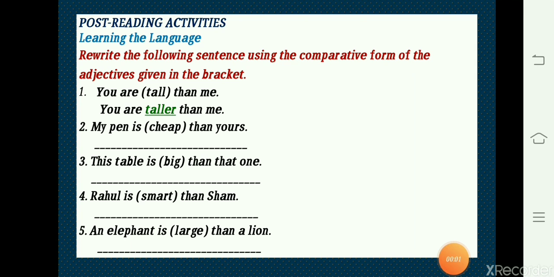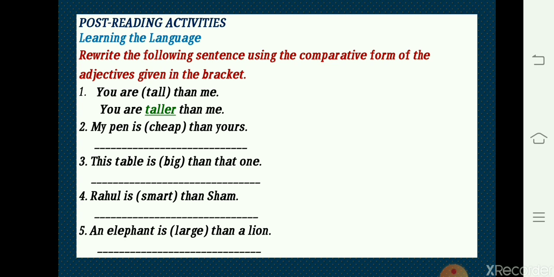The next activity. In this activity, we have to rewrite the sentences. But this time, while rewriting, we have to change the degree of comparison. We have to use the second degree, that is the comparative form of the adjectives, by changing the word given in the bracket.